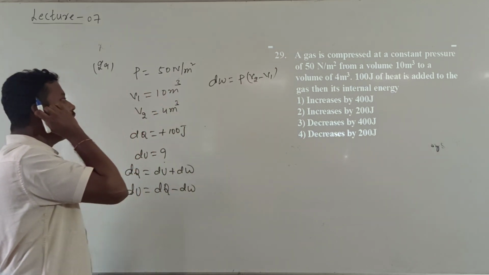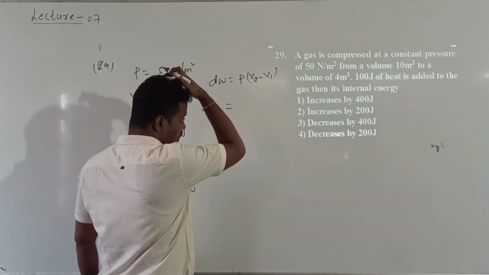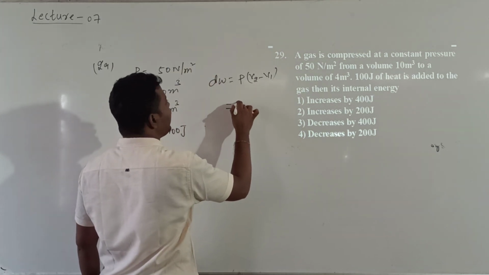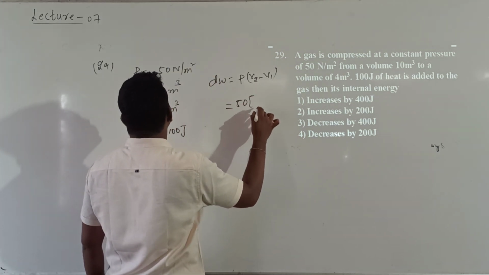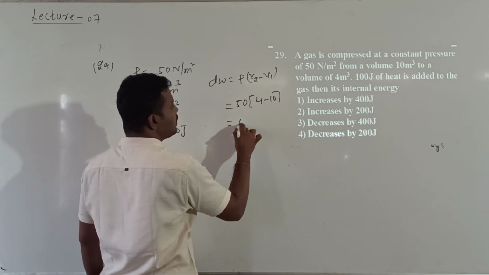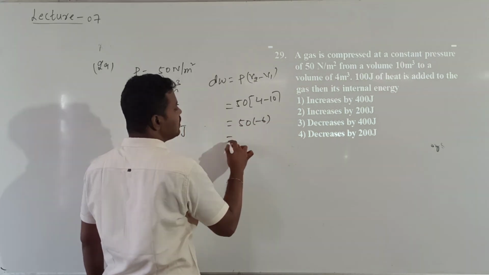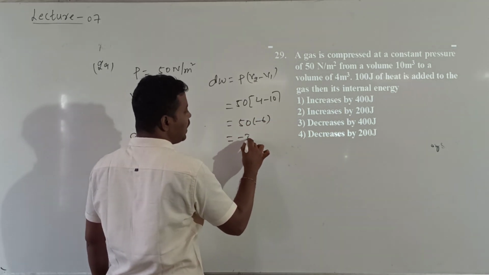Okay? So what is the pressure here? They gave 50 into V2 value, 4 minus 10. So what answer did I get? 50 into minus 6, which is minus 300.